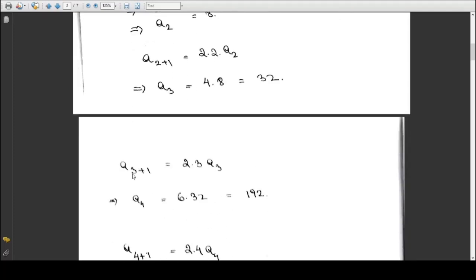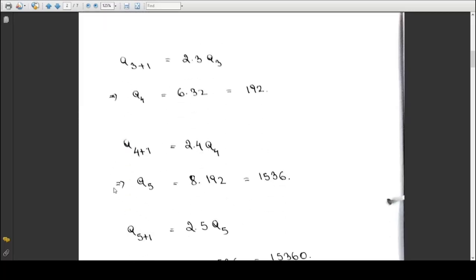Now putting n equal 3, a_(3+1) is 2 times 3 times a_3. a_3 plus 1 is a_4. 2 multiplied by 3 is 6, and the value of a_3 is 32. 6 multiplied by 32 is 192. Next, putting n equal 4, a_(4+1) is 2 times 4 times a_4.